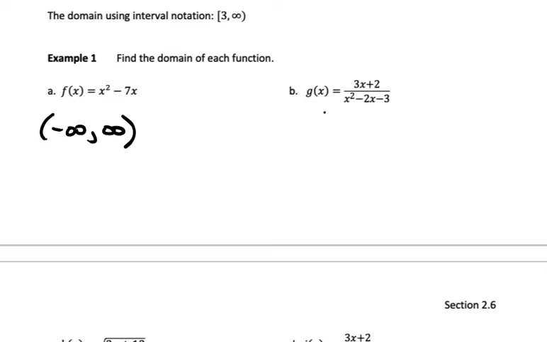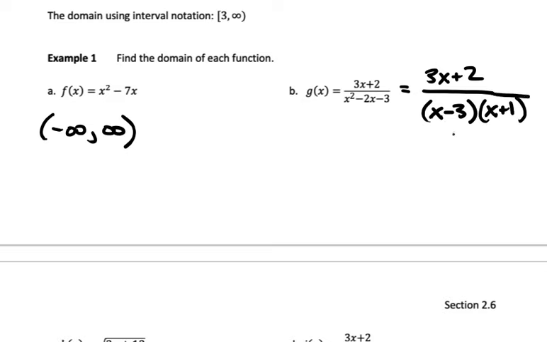For part B, this time we have a fraction. So when we have a fraction, x squared minus 2x minus 3, I need to figure out what values of x would make this equal to 0, because that's what's not allowed. So in order to find that, I need to factor it. So x minus 3 times x plus 1 would be the factored form, two numbers that multiply to negative 3 and add to negative 2.